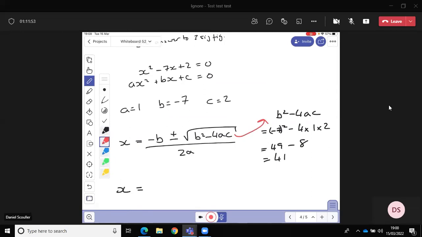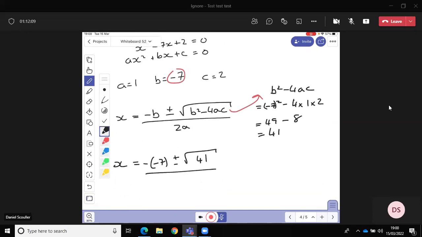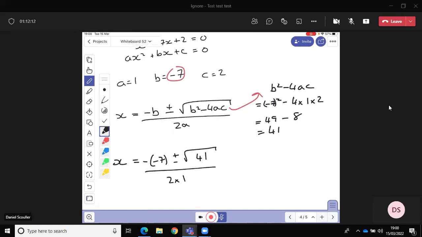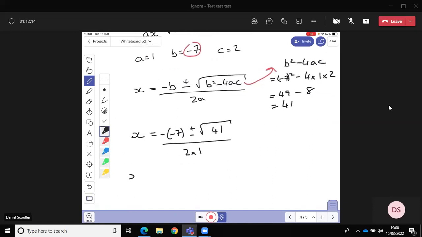Now b is negative 7, so we've got negative negative 7, plus or minus root of positive 41, over 2 times 1.